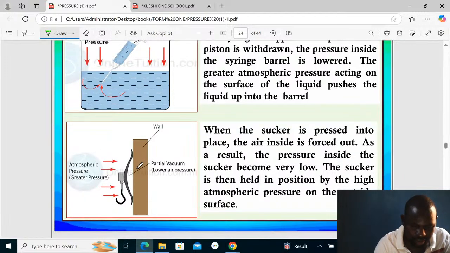We have this sucker. When the sucker is pressed into a place, the air inside is forced out. As a result, the pressure inside the sucker becomes very low. Then it is held in position by the high atmospheric pressure on the outside.